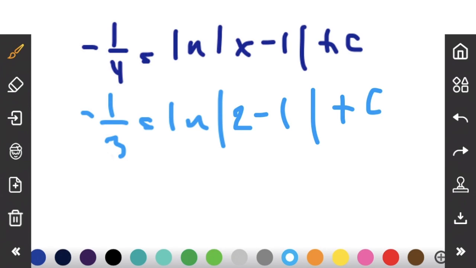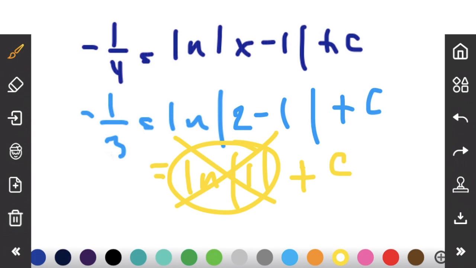Any good calculus student would realize that 2 minus 1 equals 1, plus c, and ln of 1 equals 0. So you cancel that, which leaves -1/3 equaling c. So now you have a value for c. Now you can solve for y.